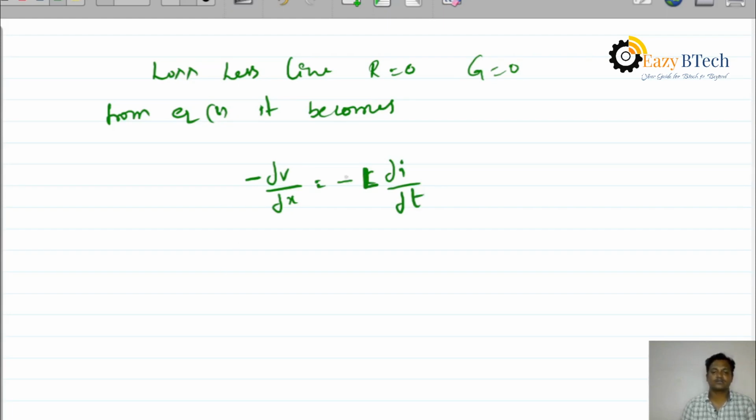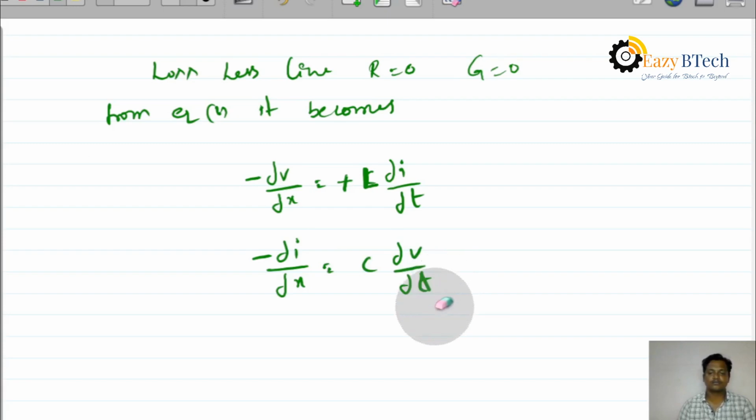And from equation 2, minus dou I by dou x equals C dou v by dou t. This is equation 3, this is equation 4.